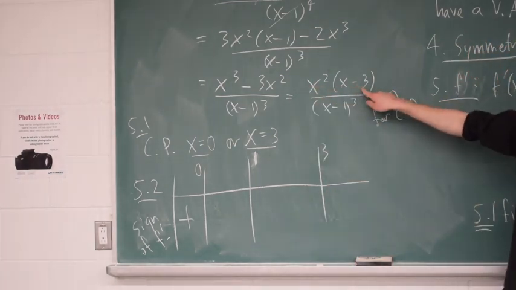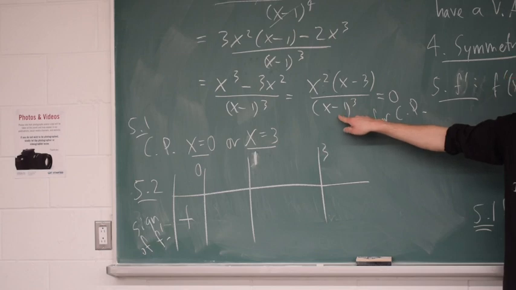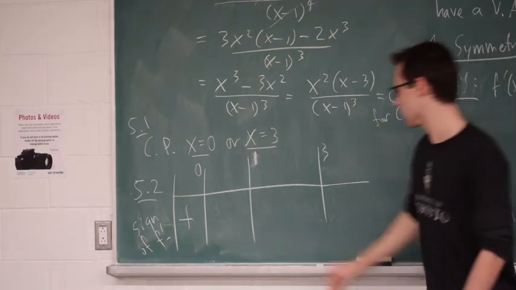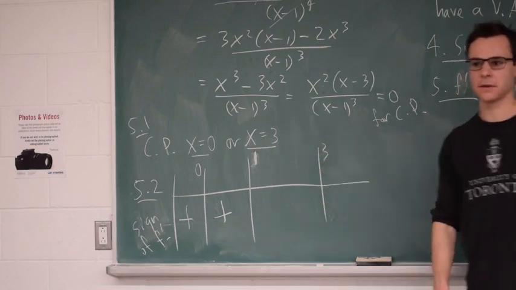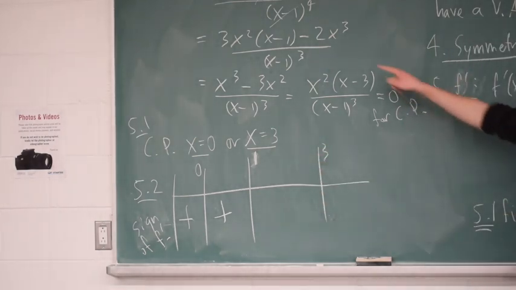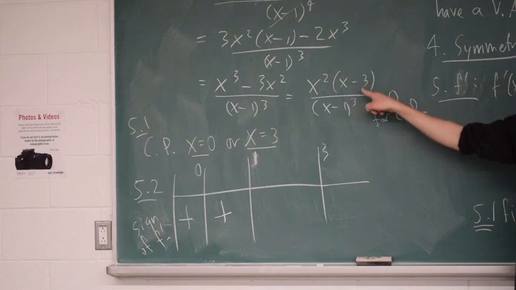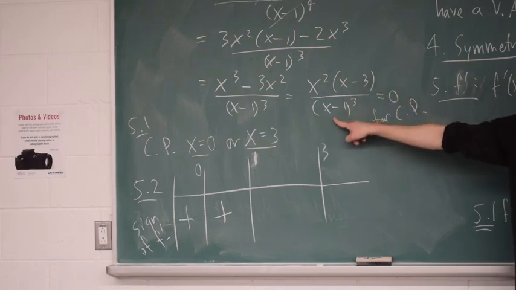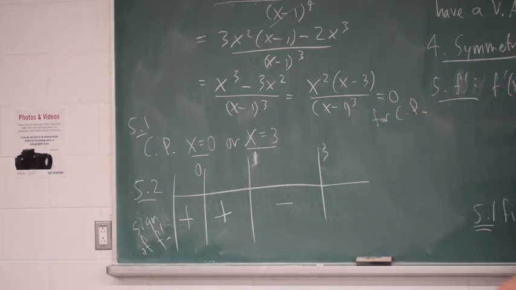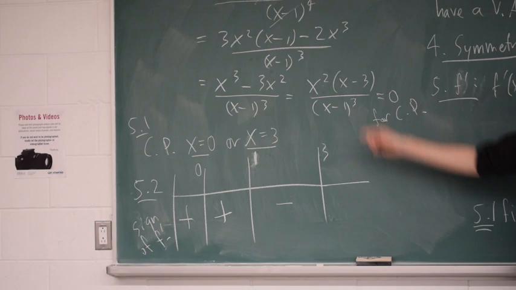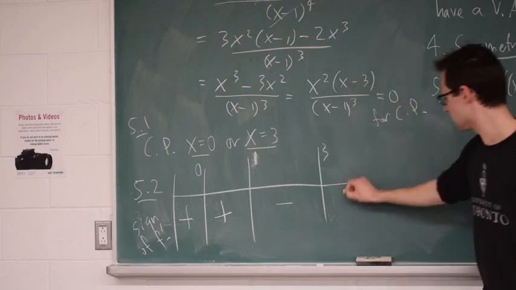Here we get a half minus 3, a half minus 1. They're both negative, so it's positive again. Between 1 and 3, let's plug in 2. What do we get? That we ignore. Negative 1 over 1 cubed, negative over positive, negative. Something bigger than 3, let's say 4: positive, positive, positive.